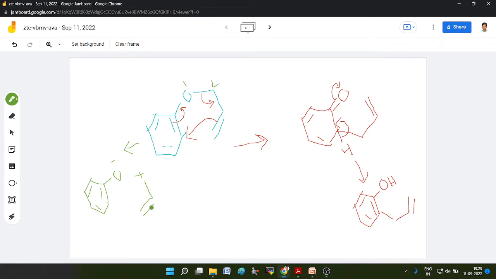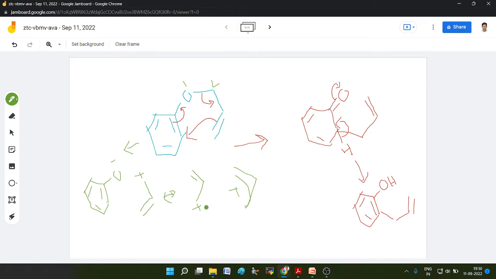You can show the corresponding resonating structure with plus here. Overall it is like an allyl carbocation.